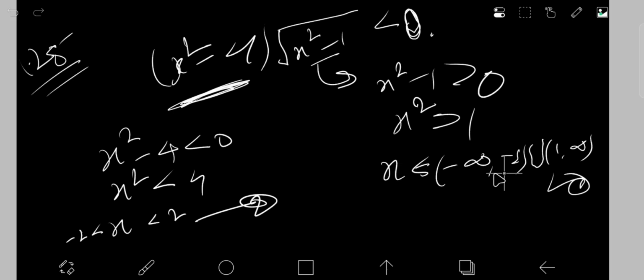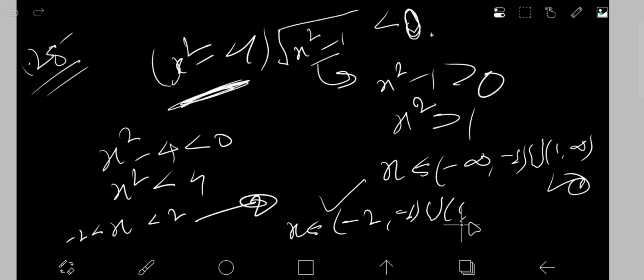This one is satisfied. In the final answer, when we combine these, x belongs to minus 2 to minus 1, open interval, union 1 to 2. This is our final answer.